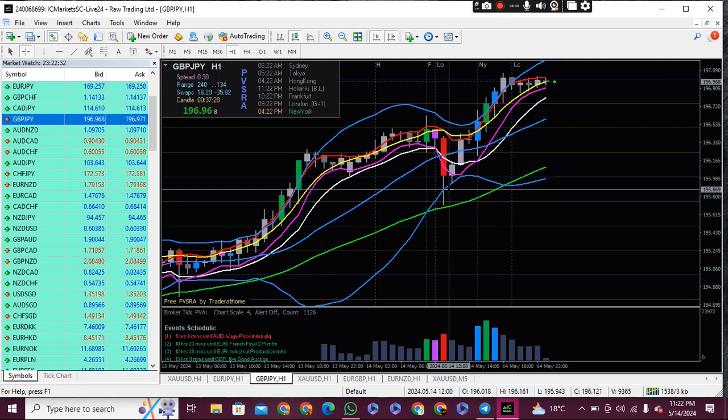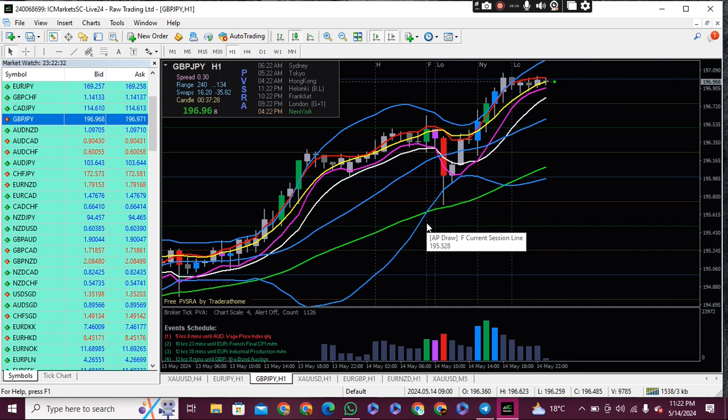I think I got in from around 195.86. With that, we already had over 118 pips because our target was probably this zone here. So, technically, a lot of pips there.